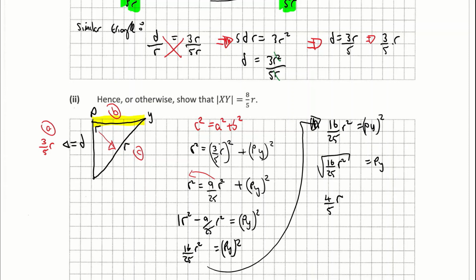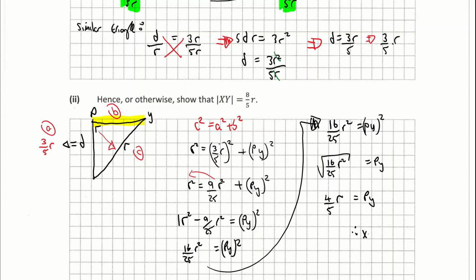So again, go to your calculator and type in the square root of 16 over 25, and that is equal to PY. Now I need not just to find PY, I actually need to get the distance from X to Y. So you can scroll back up and have a look at your diagram again.